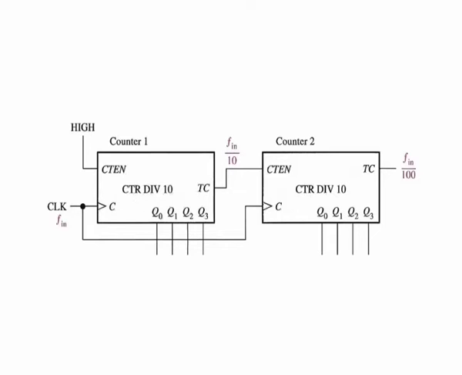Cascaded counters are often used to divide a high frequency clock signal to obtain highly accurate pulse frequencies. Cascaded counter configurations used for such purposes are sometimes called countdown chains.